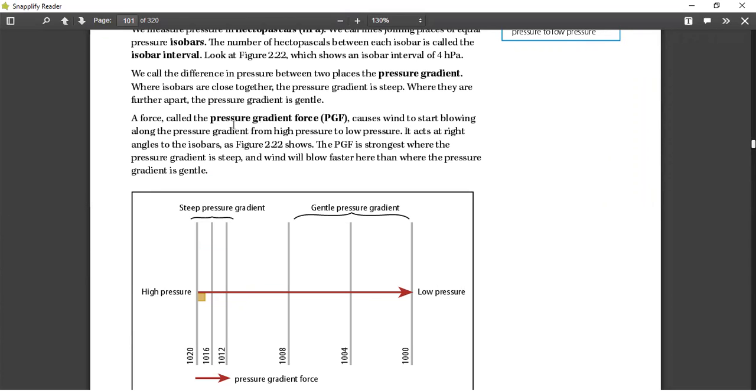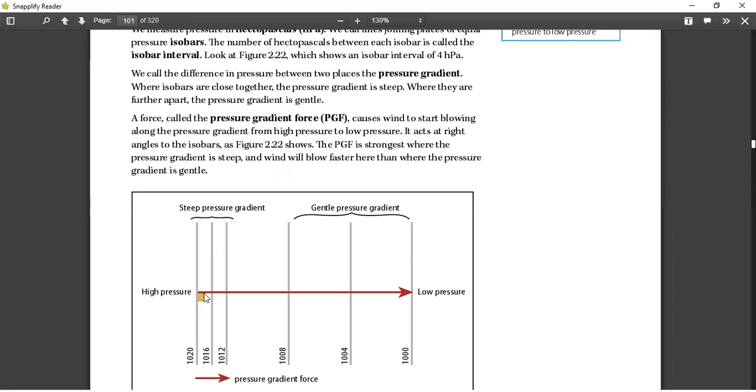A force called pressure gradient force, PGF, causes the wind to start blowing along the pressure gradient from high pressure to low pressure. It acts at right angles to isobars, as figure 2.2 shows. The PGF is strongest where the pressure gradient is steep, and wind will blow faster here than where the pressure gradient is gentle.